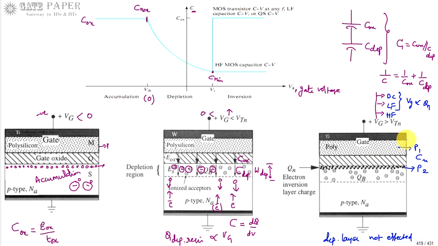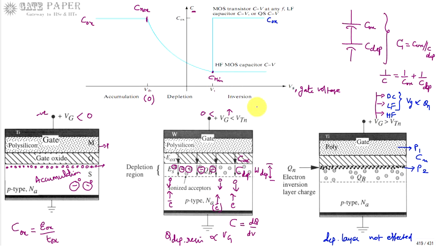So for low frequencies and for DC values of gate voltage, the capacitance is again equal to COX. That's why from this point onwards it moves up towards COX. So this is the capacitance under DC or low frequencies.